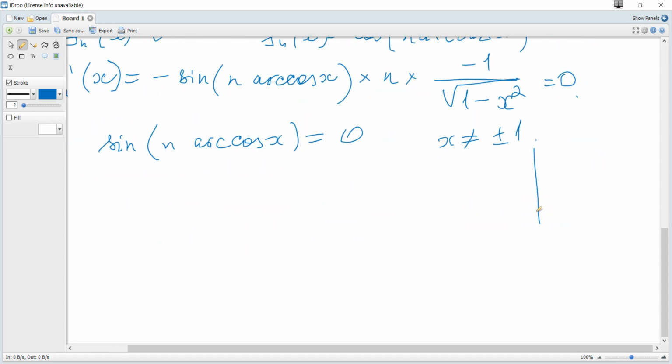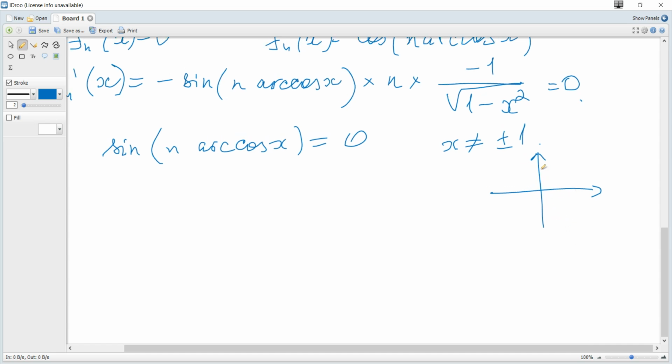Let's consider in general cosine and arc cosine. Arc cosine is the inverse function of cosine. To get a graph of arc cosine, we consider part of cosine. It must be a one-to-one function so that the inverse exists, and we consider the part of cosine from 0 to pi. To get the inverse, y becomes x, x becomes y, and the graph of arc cosine looks like this.